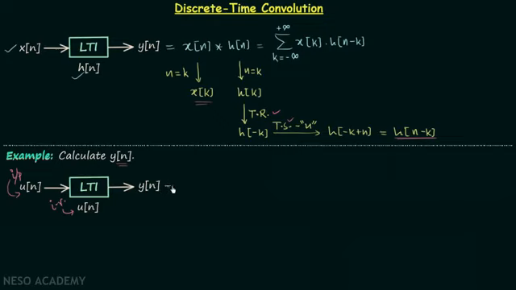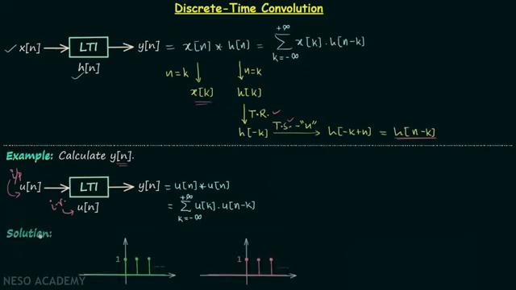Therefore output y[n] will be equal to the convolution of u[n] with u[n], and the convolution is equal to the summation from k equal to minus infinity to plus infinity of u[k] multiplied by u[n minus k]. So keeping all these processes in mind, let's begin our solution.